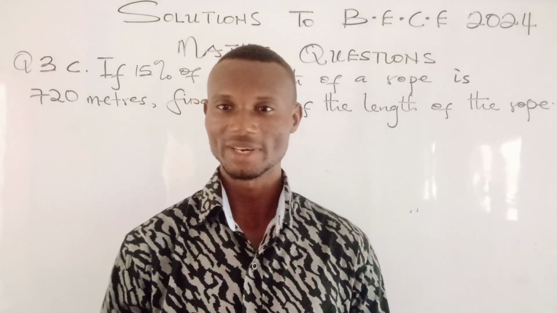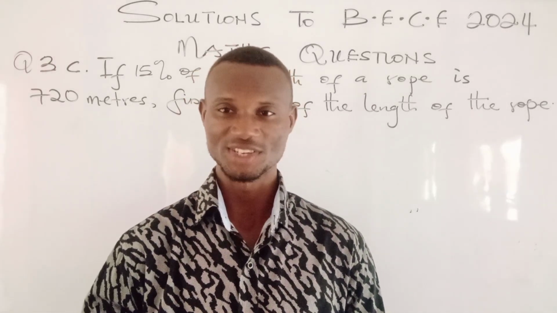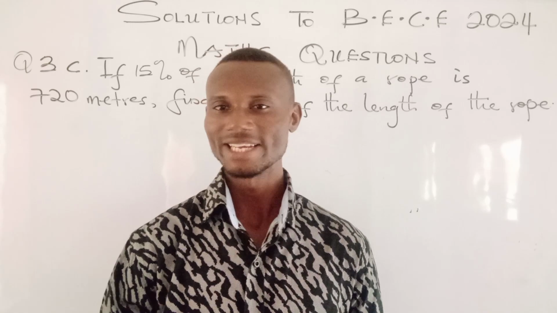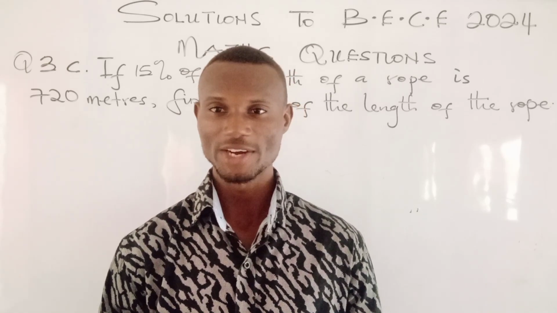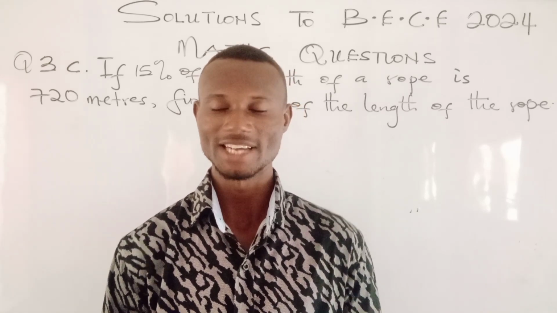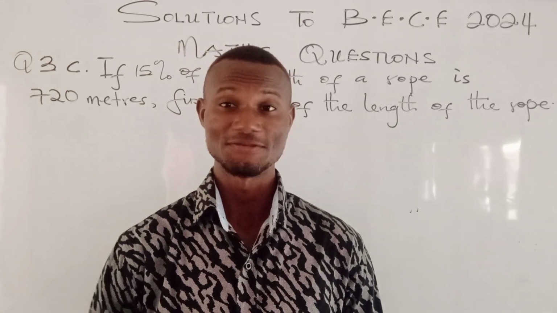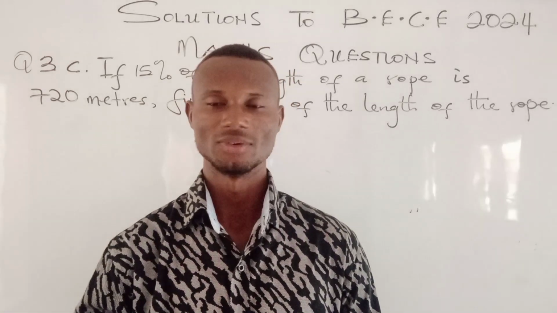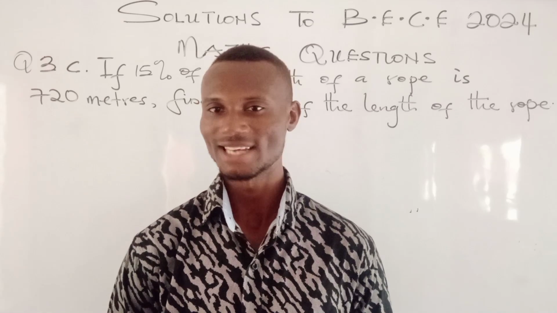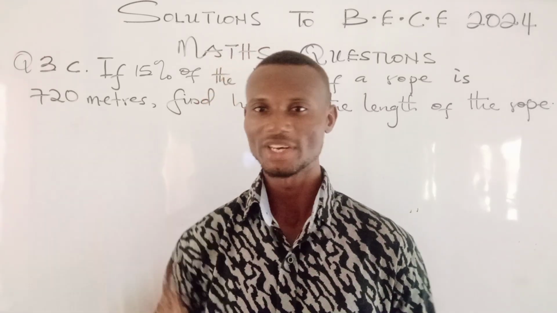We've talked about this in the previous videos. Again, anytime there's an unknown value that you are looking for, you represent that value by a variable. So we are going to do exactly that to this question. Let's read it again.